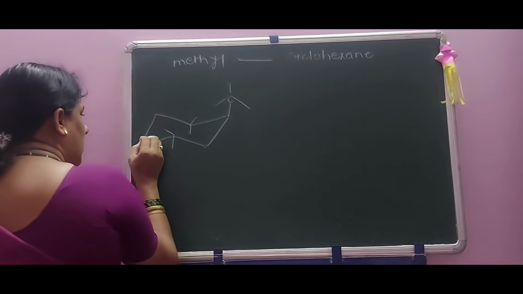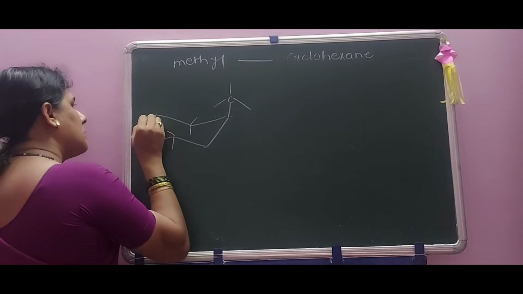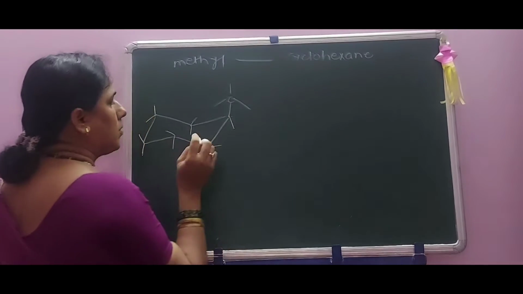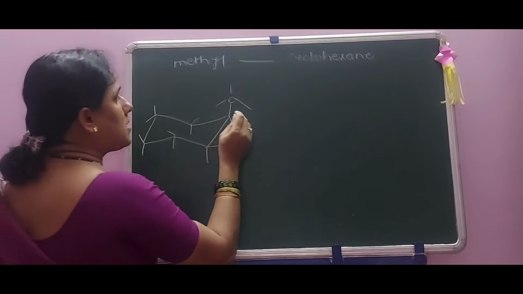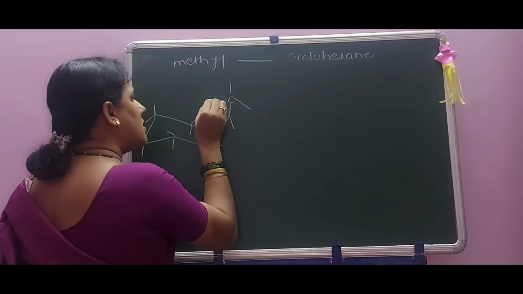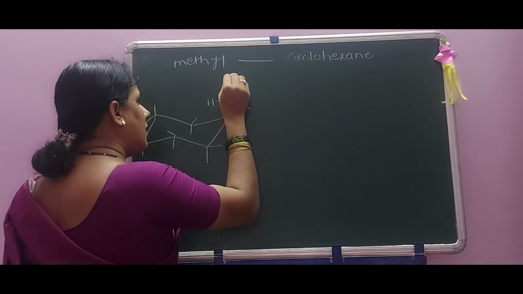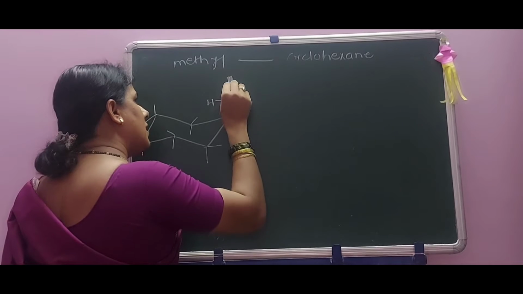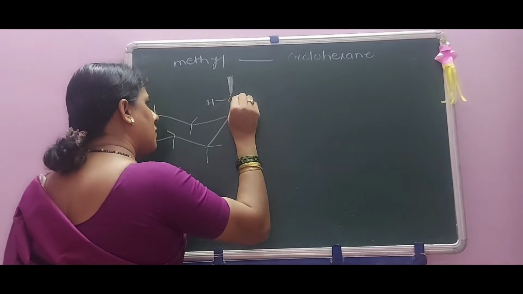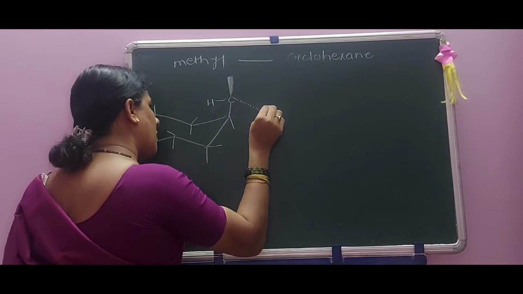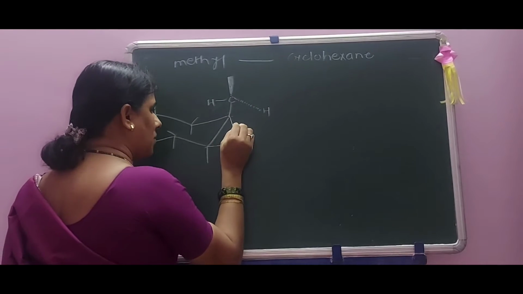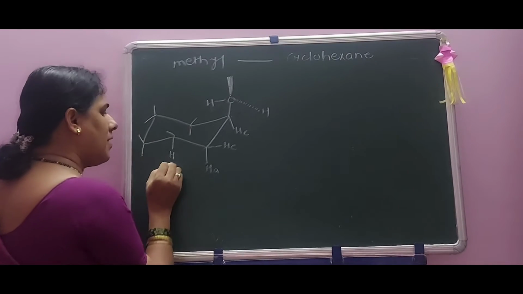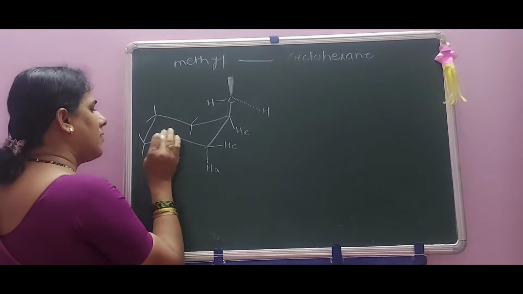In front of this, the hydrogen atoms can be shown with a solid bond, a dashed bond, and a dotted bond. This is the equatorial hydrogen, this is axial.